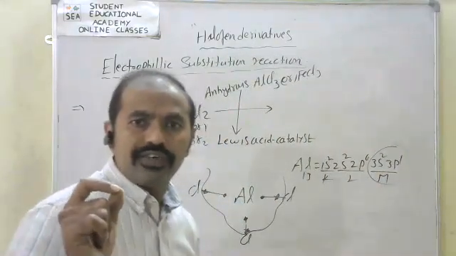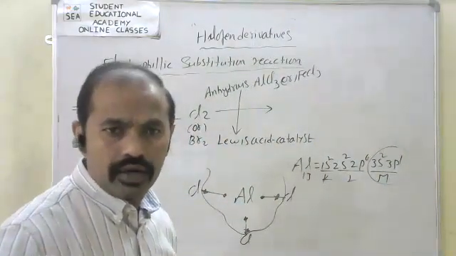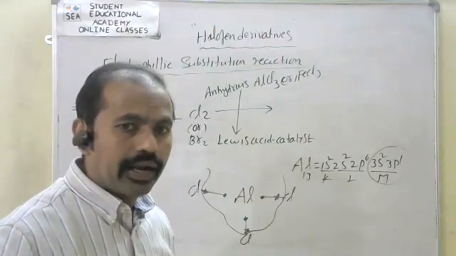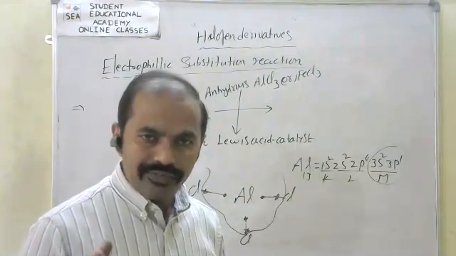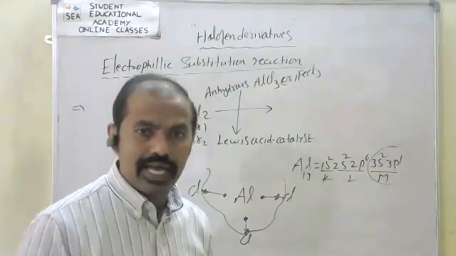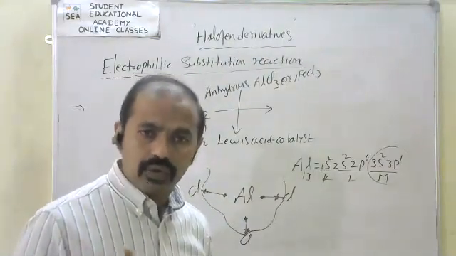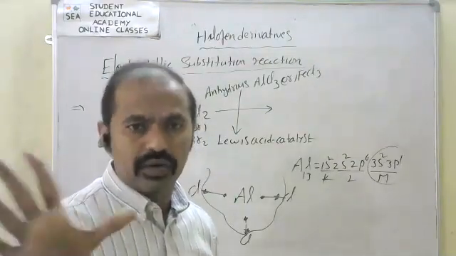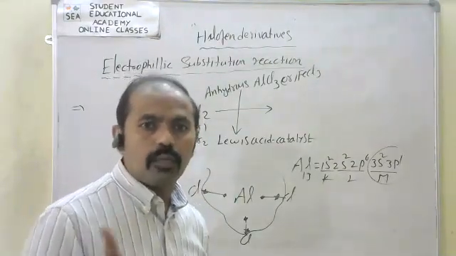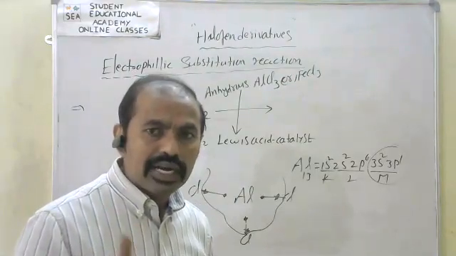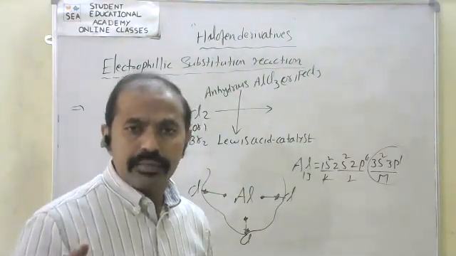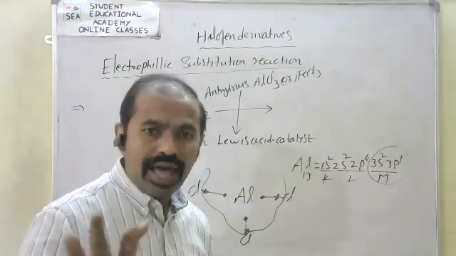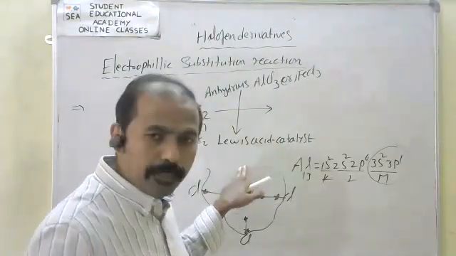All electron deficient molecules are electron pair acceptors. Having less than 8 electrons, it requires electrons to get stability, so this type of molecule is always ready to take electrons. Indirectly, it is an electron pair acceptor.